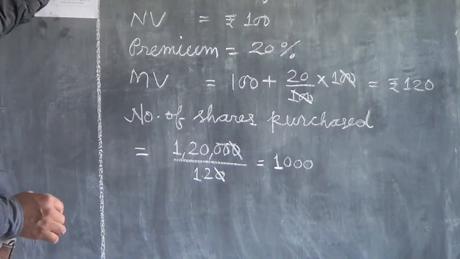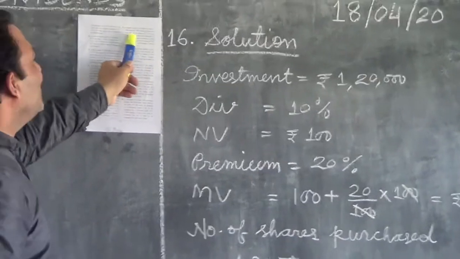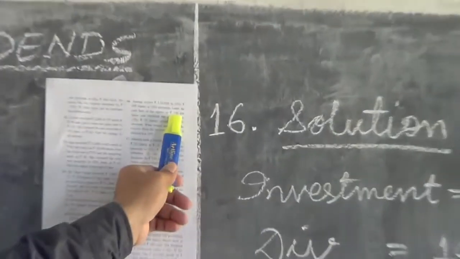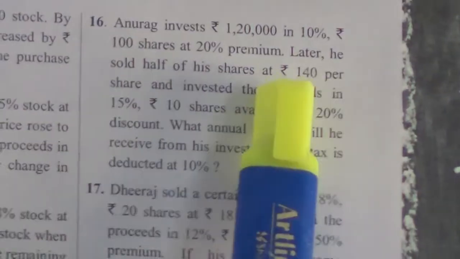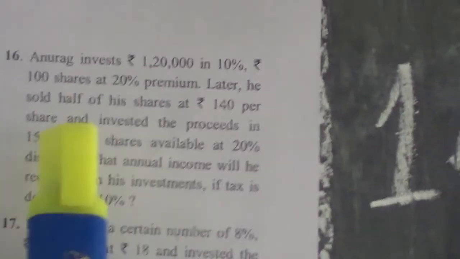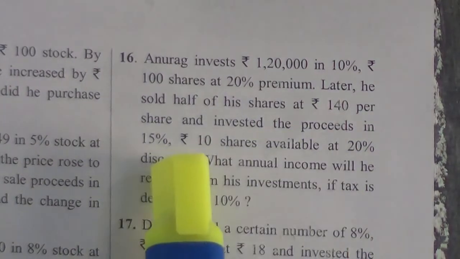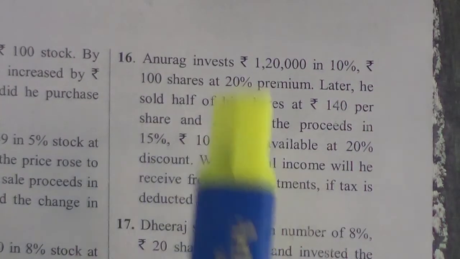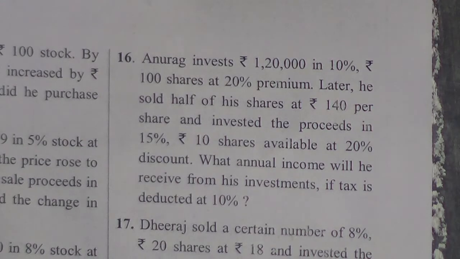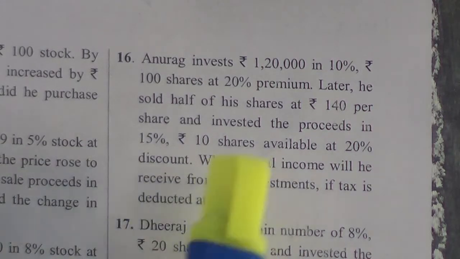Then what happened? Later he sold half of his shares at rupees 140 per share and invested the proceeds in 15% rupees 10 shares available at 20% discount.